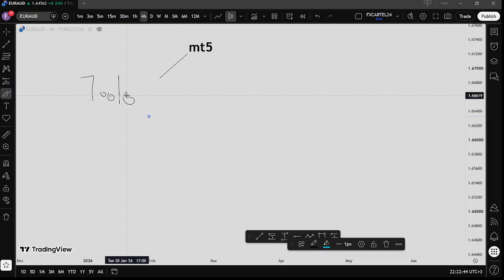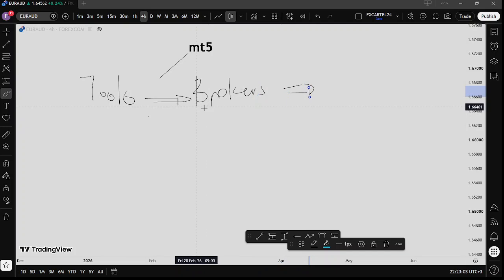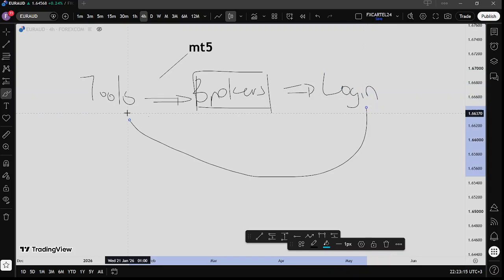Before understanding the tools on MT5, we have to first understand the brokerage system, for it to give us access to those tools. From understanding the brokers, we shall get logins so that we can study the tools.